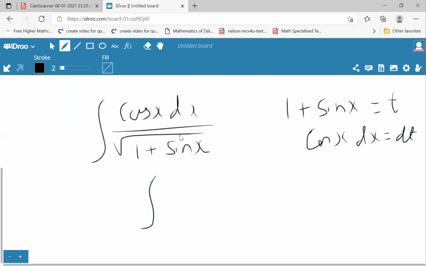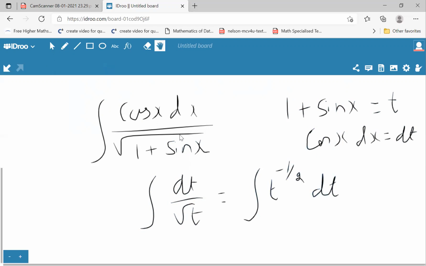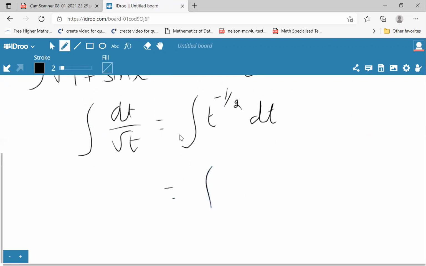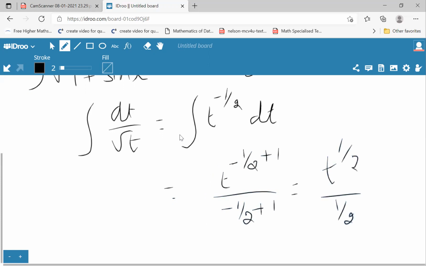Now, when you substitute for this, you'll get it as dt by root t. Now, this is going to be pretty simple. Integration of t to the power of minus half dt, which is nothing but, when you integrate, it's going to be t to the power of minus half plus 1 by minus half plus 1, which is nothing but t to the power of half by half plus c. Once integration is done, we need not put the integration symbol.